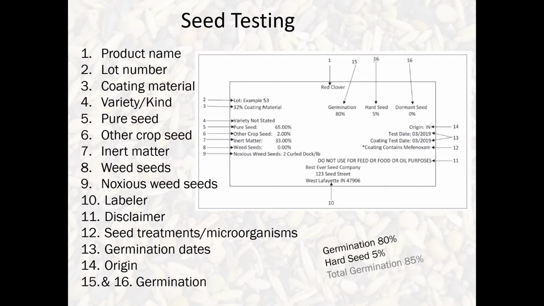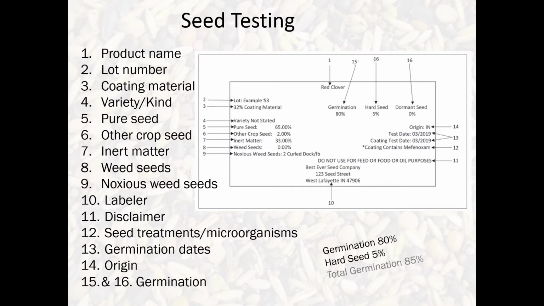Hard or dormant seed must be claimed. Some seed will only have the germination percentage when the hard or dormant seed is not an issue. Germination can be a bit precarious in nature, but isn't supposed to be.